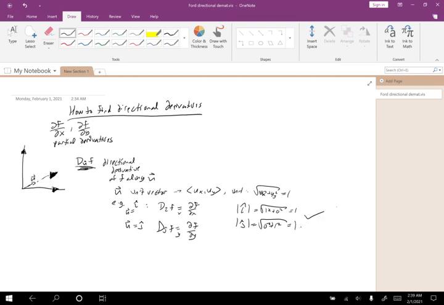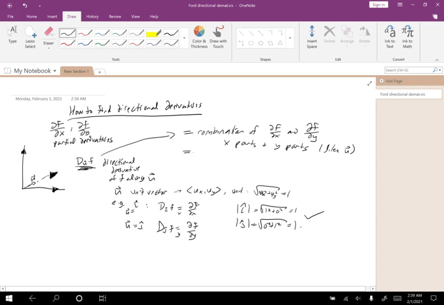Okay, so how do you actually compute the directional derivative in these cases? Well, it's actually just equal to some combination of the partial derivative in x and the partial derivative in y. You can think of it as x parts and y parts, just like a direction u has x parts and y parts.